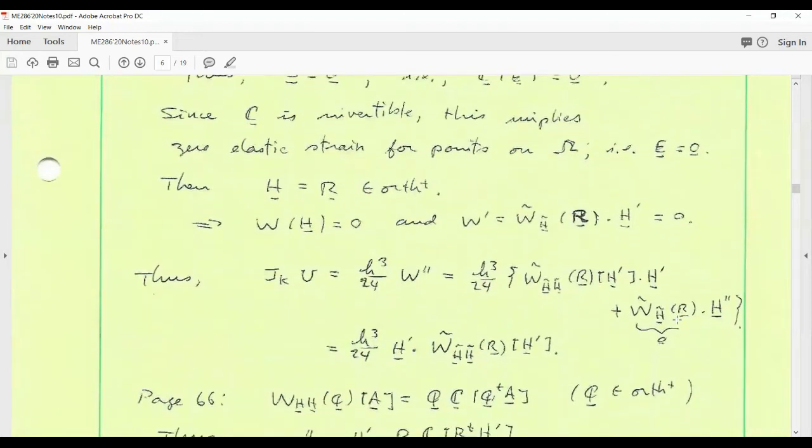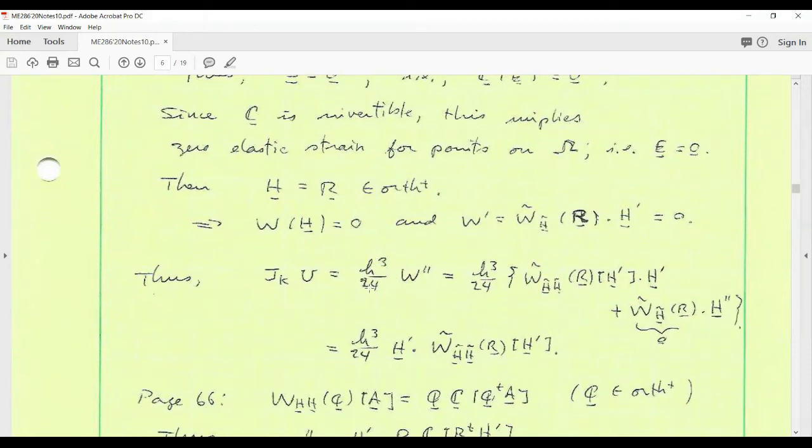So that means that very complicated expression for the approximate strain energy per unit area of the midplane. Remember, we had all those terms on the right-hand side here. It just boils down to this W double prime term with an H cubed over 24 in front.